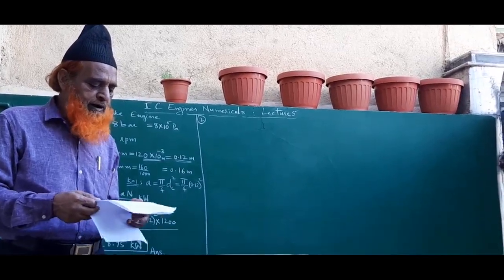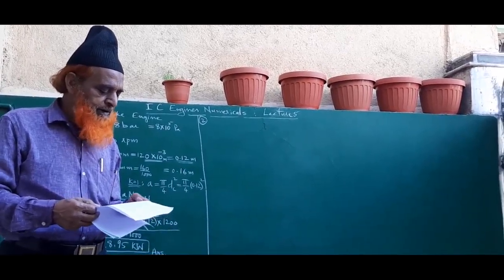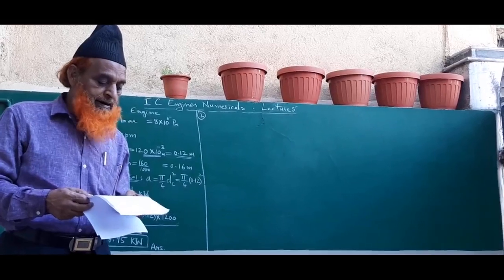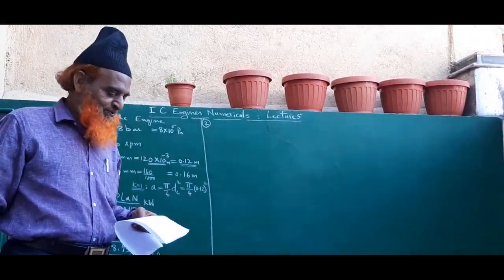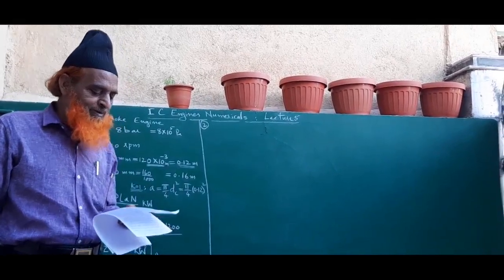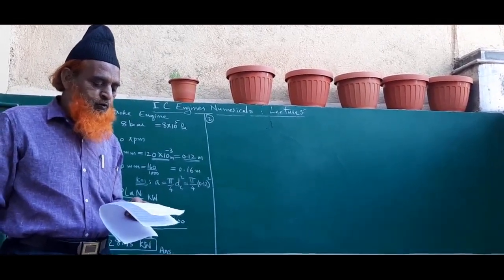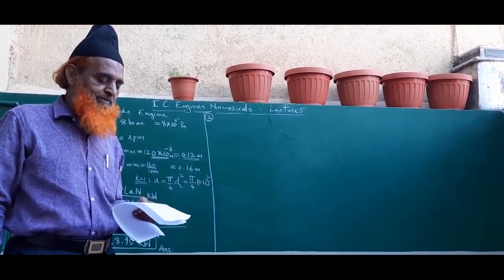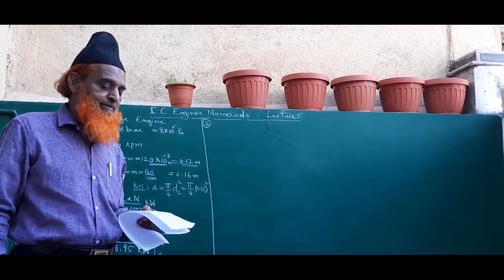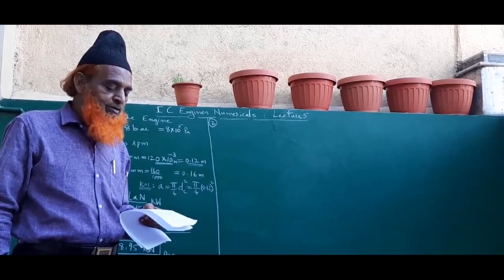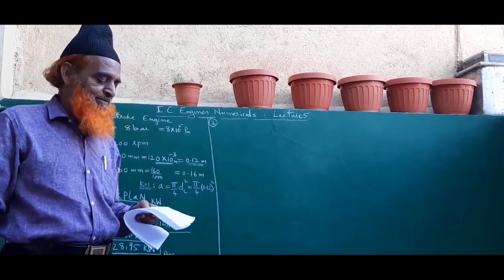The indicator diagram area is 4 square centimeter, and length is 6.8 centimeter.